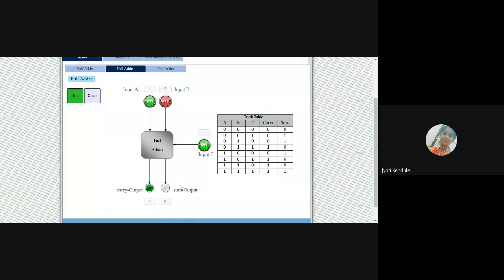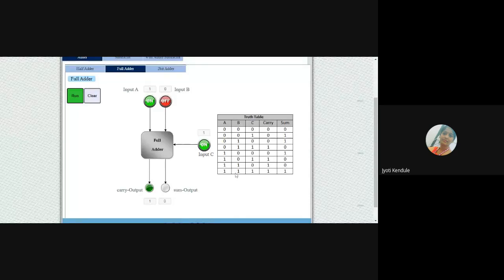And sum काय आलं इथे? Sum is 0, carry is 1. मी काय घेतलं? हे कॉम्बिनेशन घेतलं 1 0 1. C 1 आहे, B 0 आहे, A 1 आहे. So carry is 1, sum is 0. So that is the output we are getting.